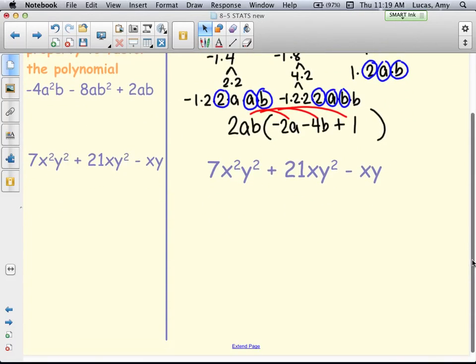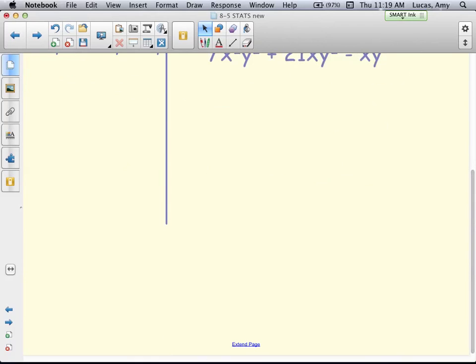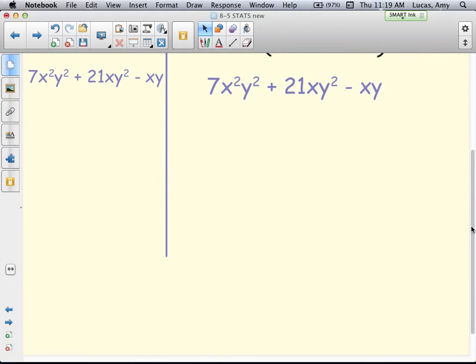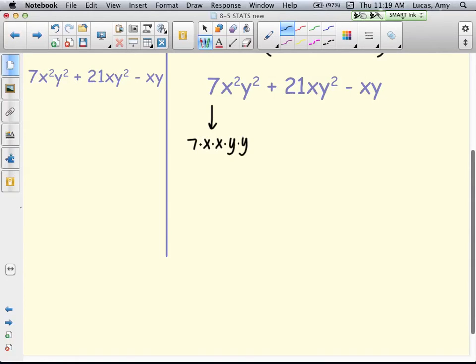Okay, another one of these. Seven is prime, so 7x squared y squared. 21 would be 7 times 3, xy squared. And negative 1 xy, negative 1 times x times y.